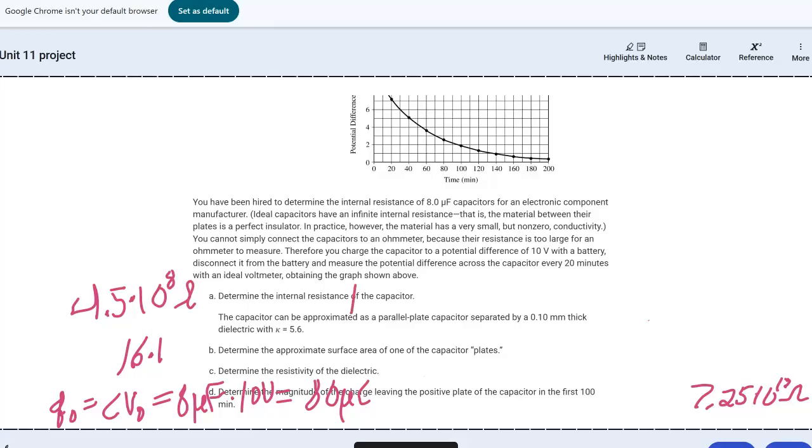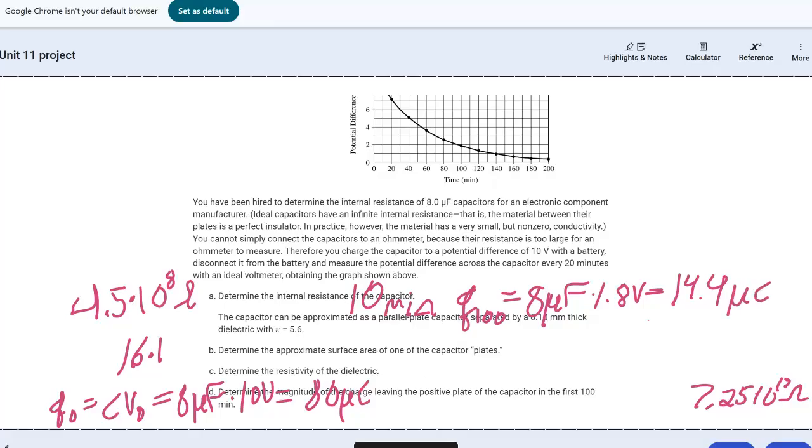So Q100 equals C times V100, so 8 times 1.8, 14.4 microcoulombs.